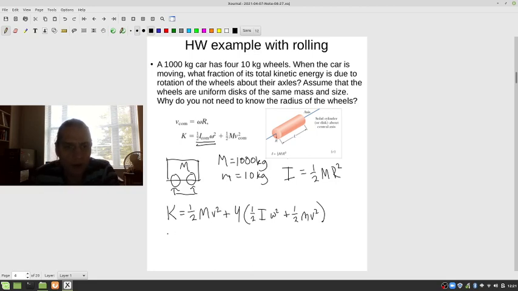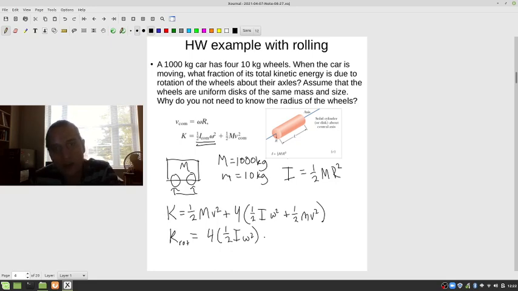Now, if we want to find just the rotational part, it's just that 4 times 1/2 I omega squared. It's just this part of it that they want the ratio of. Take this divided by that, and that's what the question is asking.